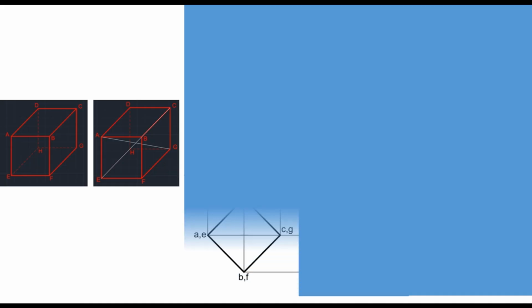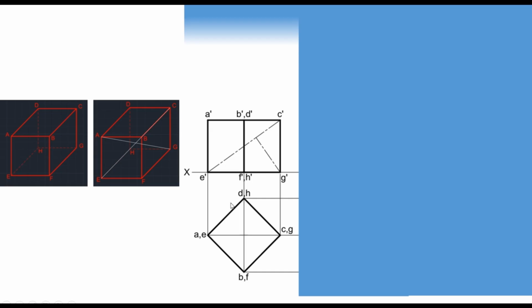So now draw the square ABCD in top view with its sides inclined at 45 degrees to the XY line. The line AC, you can see here, representing the solid diagonals AG and CE, is parallel to the XY line.